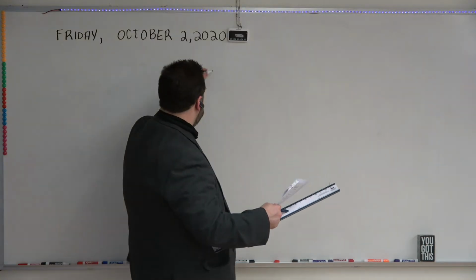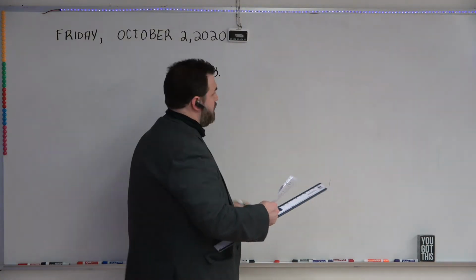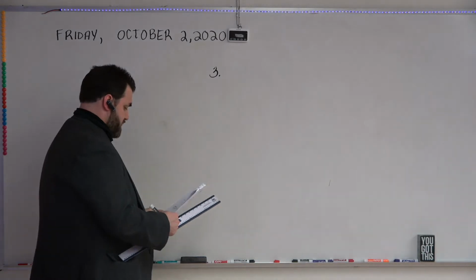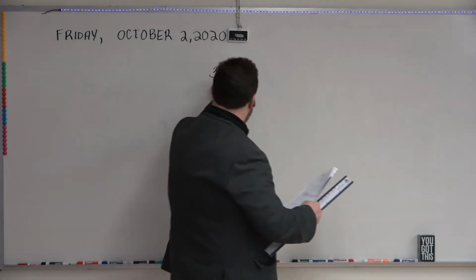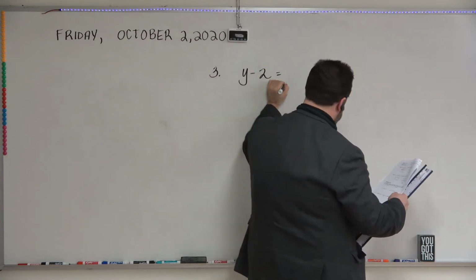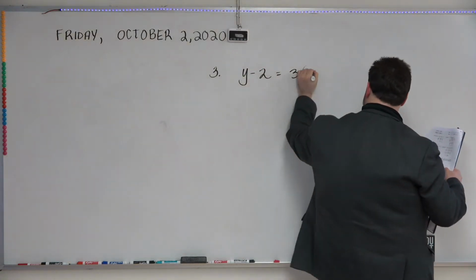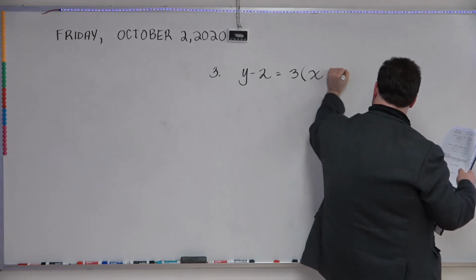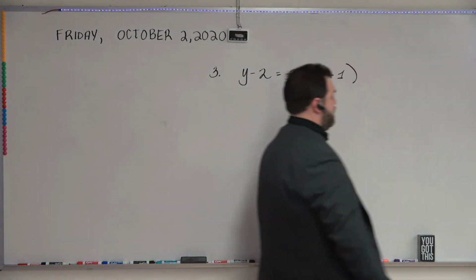Okay, moving on to number 3. We're almost halfway done. y minus 2 equals 3, open parentheses, x plus 1, close parentheses.